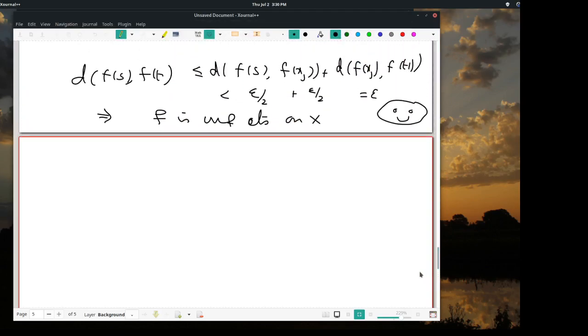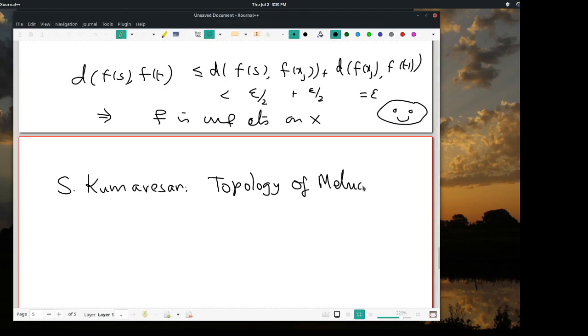I hope all of you understand the proof. And for those who have not seen it, I suggest look at the book by me, Topology of Metric Spaces, by Narasimha.